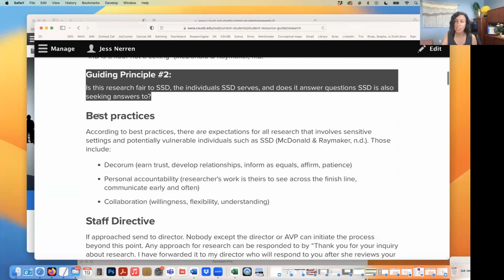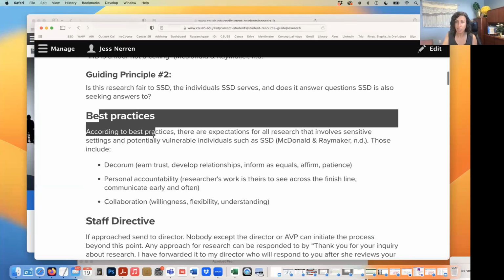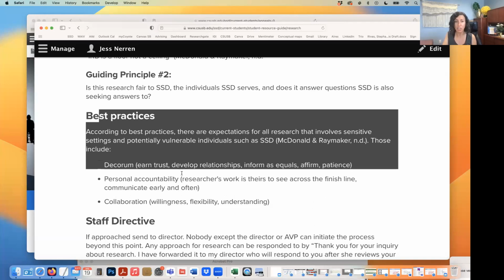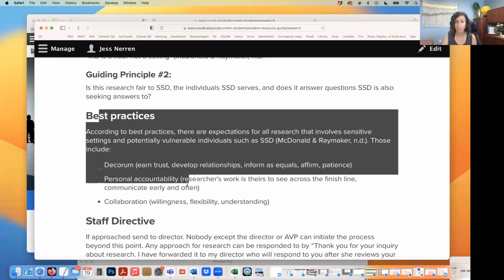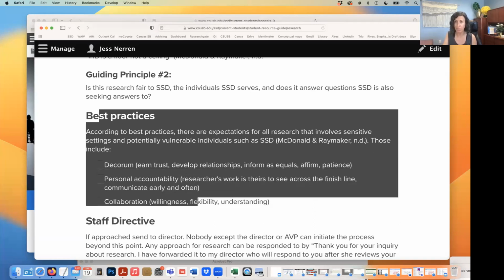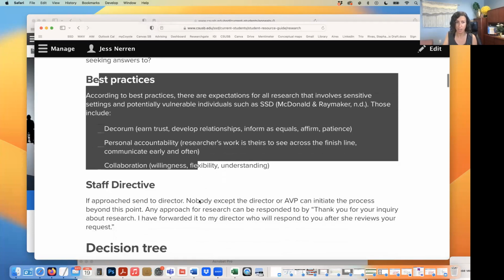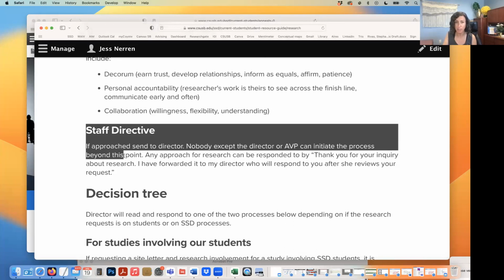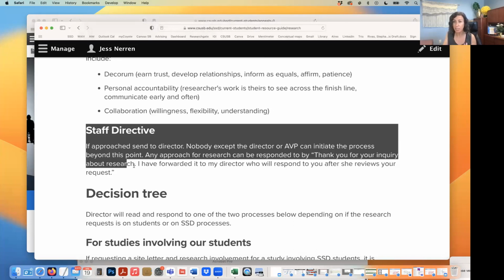So best practices when working on anything related to research: decorum, earn trust, develop relationships, your personal accountability, and your collaboration, willingness, flexibility, openness, etc. Okay, so if you approach our staff, including our counselors or coordinators, they'll shoot it to myself and the AVP over this office, right?